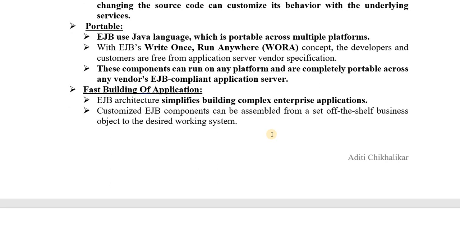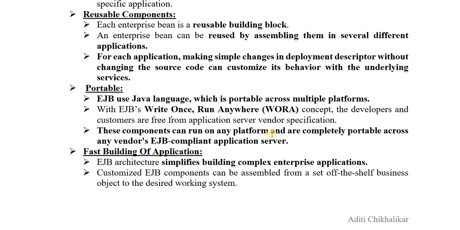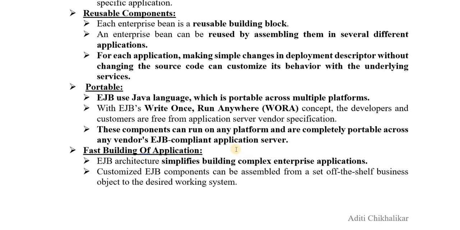EJB is a Java technology, so obviously it is portable. It follows the framework of write once, run anywhere. They are platform independent. They can run on any platform, any server which is Java compliant. You can run EJB there. So they are portable.